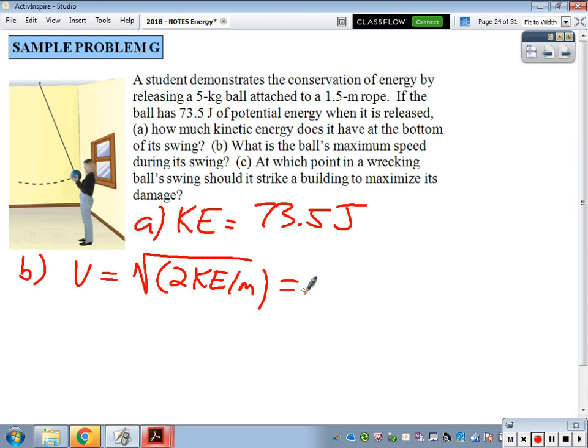Then, pretty simple plug and chug: square root of 2 times our kinetic energy of 73.5 divided by the mass, which we're told is what? 5 kilograms. Nice and simple plug and chug. Go ahead and find what our maximum speed is going to be.